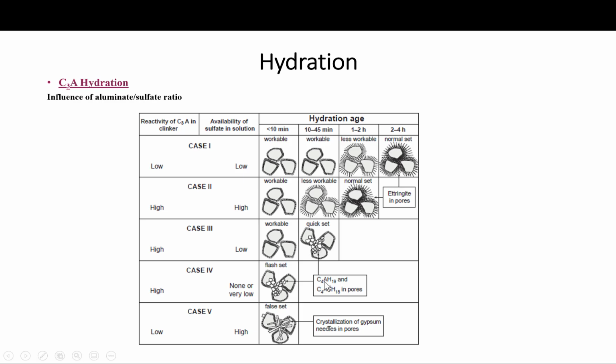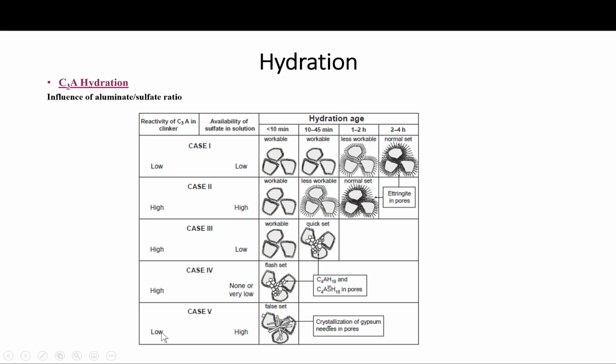And this is due to the formation of these calcium aluminate hydrate phases, or maybe some calcium aluminate sulfate hydrate phases in the pores, not enough to prevent a quick set. So if we have high reactivity or high C3A, and none or very low supply of sulfate, we get flash set, and basically the formation of the calcium aluminate hydrate phases.